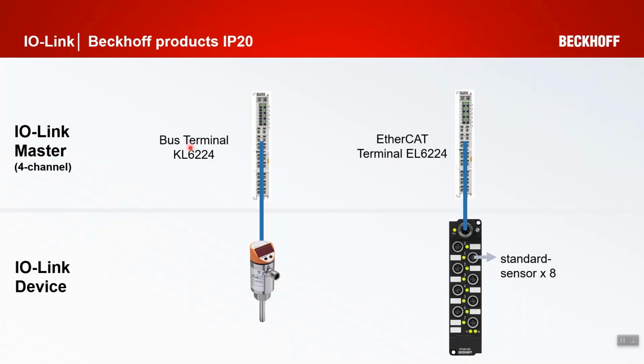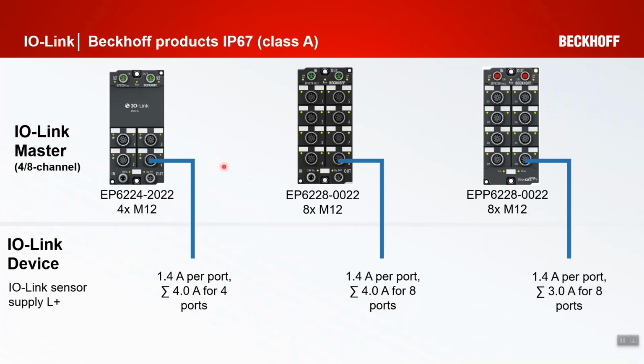In IP20 we have the bus terminal and the EtherCAT terminal. Both have 4 ports, so 4 IO-Link ports to connect 4 different sensors or actors. And in IP67 as class A, I come to the difference between class A and class B later on, we have masters with 4 ports, but we also have masters up to 8 ports. Here in this case it's an EtherCAT box, but we also have an IO-Link master in EtherCAT P.